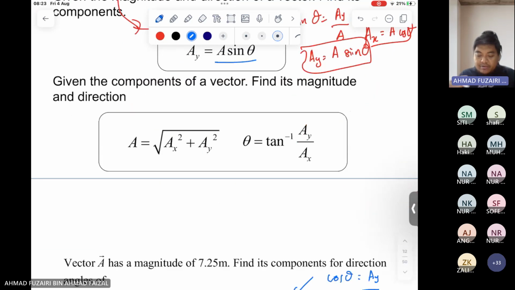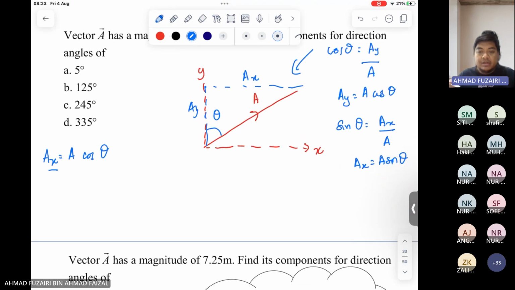Dia berbeza kalau situasi dia bagi nilai dekat angle tu. Contoh dia bagi dekat sini dia guna 360 degree. Jadi kita tahu kalau ini 90 degree, so dekat sini memang 30. Kan kita tahu value dia. Sekarang kalau tak tahu value dia jadi lain. Kalau kita tahu value dia, kita boleh letak AX ialah A cos 30.